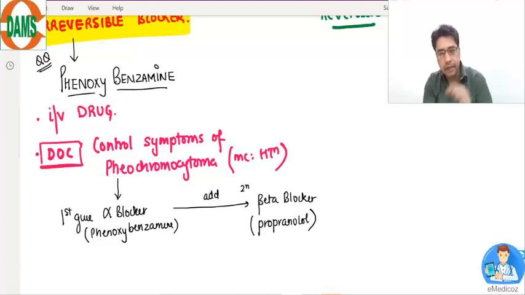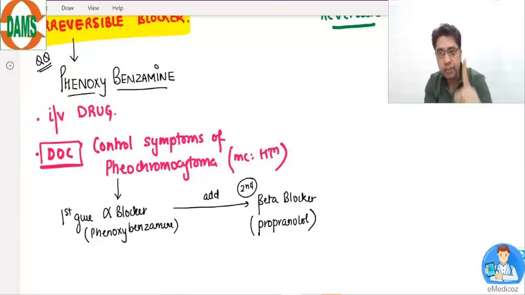Okay. My question for you is, can we reverse this? Can we give first beta blocker then alpha blocker? The answer is no. First alpha, let the effect of alpha blocker come, then you will add beta blocker.